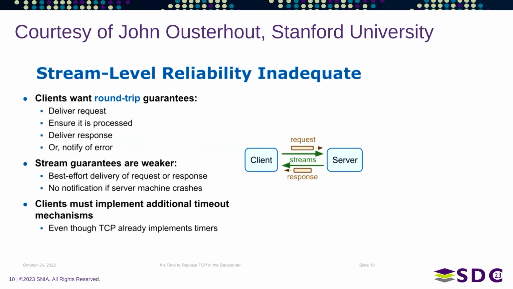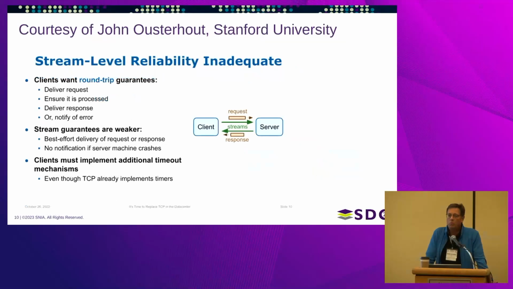So the other aspect where stream level reliability is actually inadequate is TCP timeouts, right? TCP was done from basically the original idea of having one node communicate with another node, and you knew the nodes would be there, and there could be a timeout in the transport, and that was it. But in a massively parallel system, in a distributed system, it's very difficult.